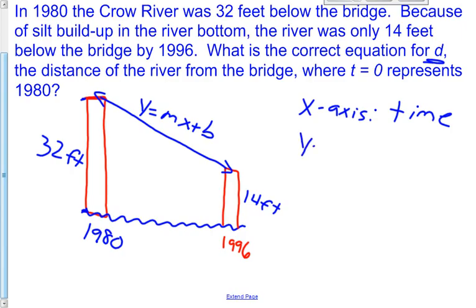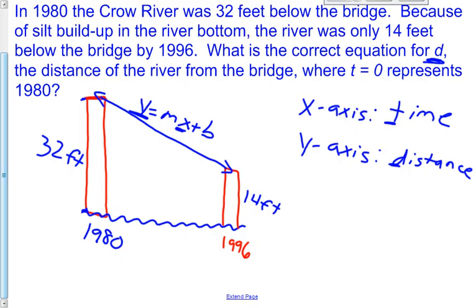Our y-axis, usually when we see y, is going to be our other parameter, which is distance. Distance in feet. So whenever you see y equals mx plus b, or ax plus by equals c, or y minus y1 equals m times the quantity x minus x1, your y variable is now going to be your d variable. Your x variable is now going to become your time or your t variable.